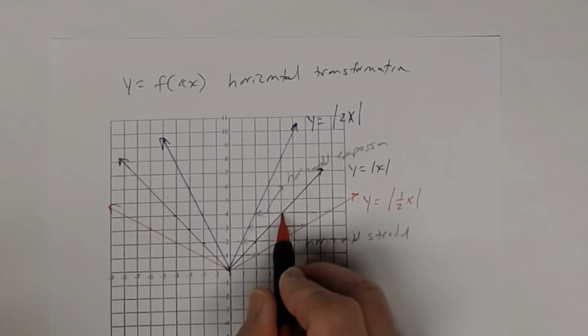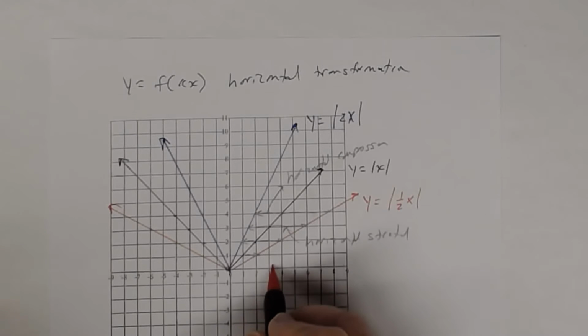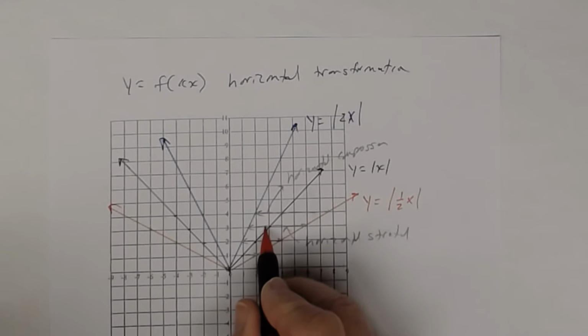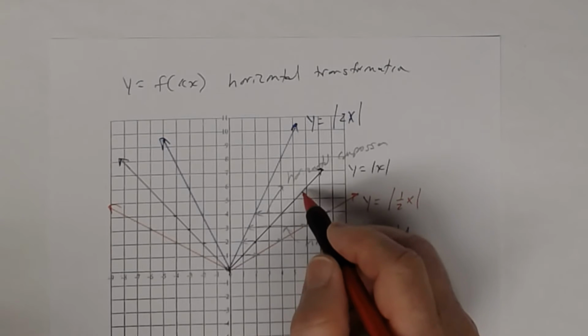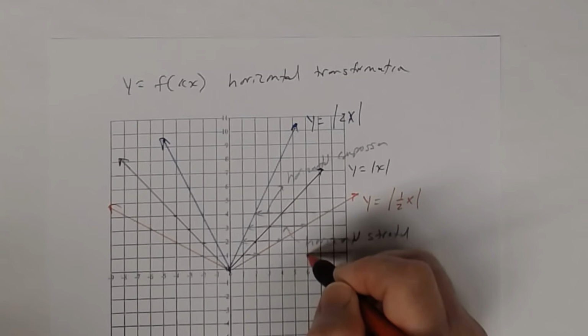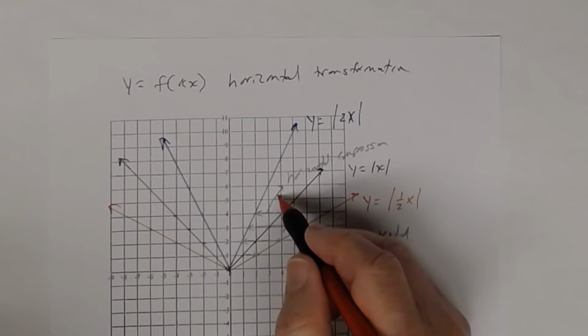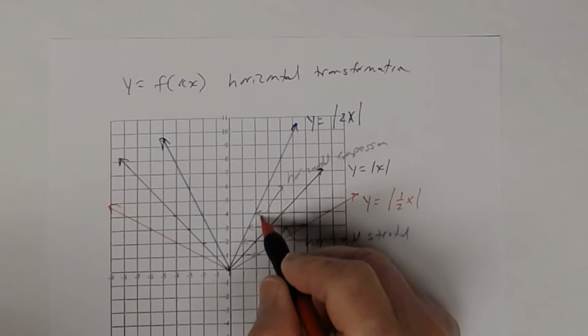When I went from x equals 4 to x equals 2, that's a division by 2. If I take x equals 3 here, divided by 2 is 1.5. If I take this x coordinate, which is 6, divide by 2, I get 3.